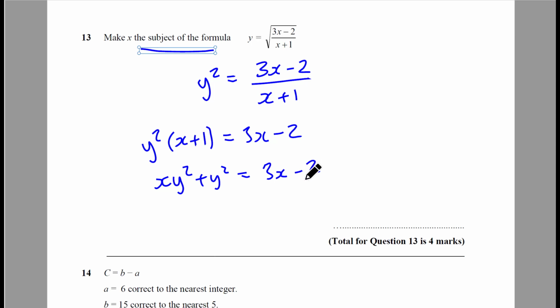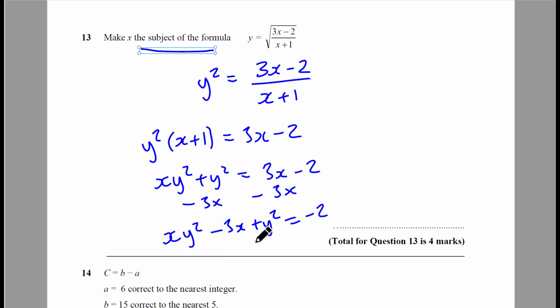Now remember, when we have x's on both sides, we want to get all the x's together so we can factorise it out. So I'm going to show you this step. We're going to minus 3x on both sides, so we're going to get xy squared minus 3x plus y squared equals minus 2 now.